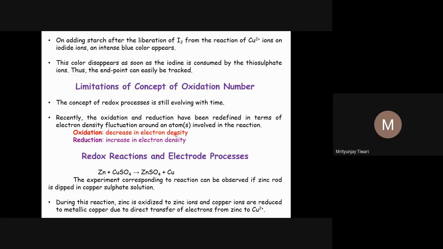If you observe this during a chemical transformation, you can say this atom has undergone oxidation. And if the electron density has increased, whether because of the addition of an extra electron, the complete transfer of electron as in ionic reactions, or just because of a slight polarization of electron density towards that atom, then this particular atom, because its electron density has increased during the transformation, has undergone reduction.